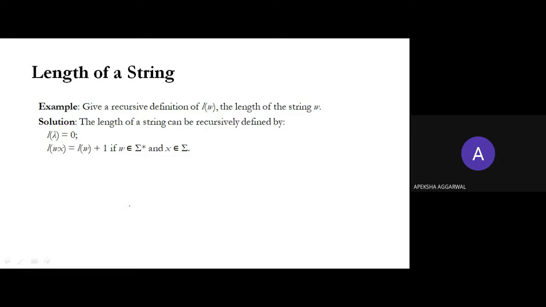Okay, similarly, length of string. The length of the empty string is null, that is 0. Whenever you concatenate it with one alphabet, its length increases by 1. So that is your recursive definition. So the length of WX is the length of W plus 1 alphabet length, right?